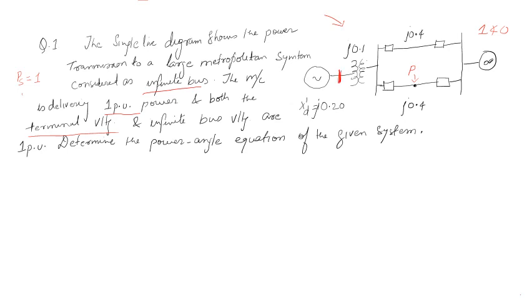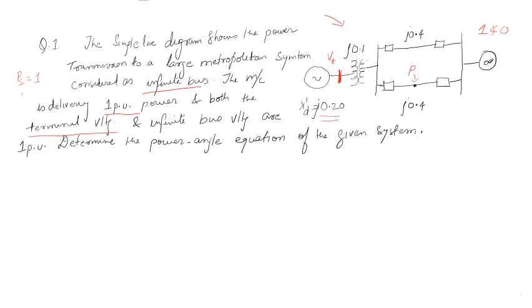You need to consider it after this reactance; this is your terminal. So the infinite bus we have already taken as 1 per unit. Determine the power angle equation of the given system.